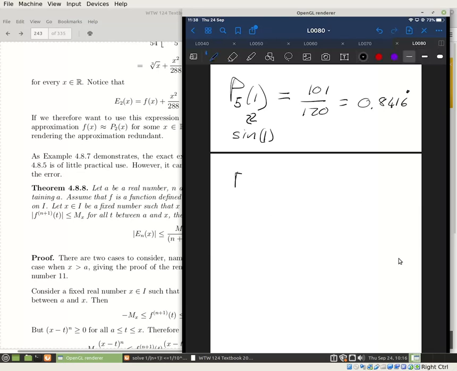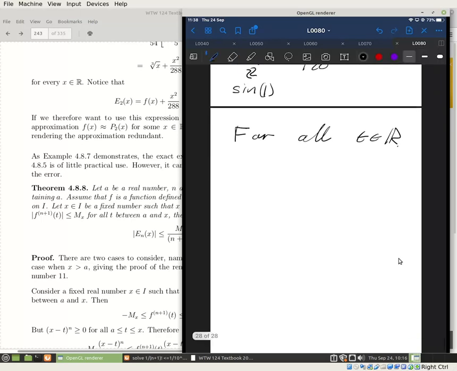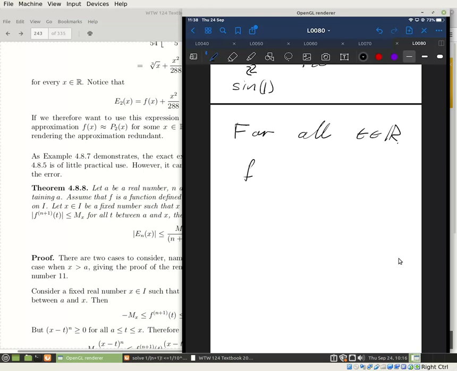So for all t, oops, not natural numbers, it holds for natural numbers, but for all real numbers, the sixth derivative of f of t is less than or equal to 1.